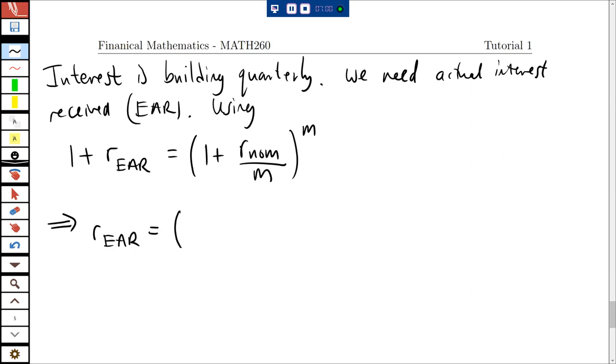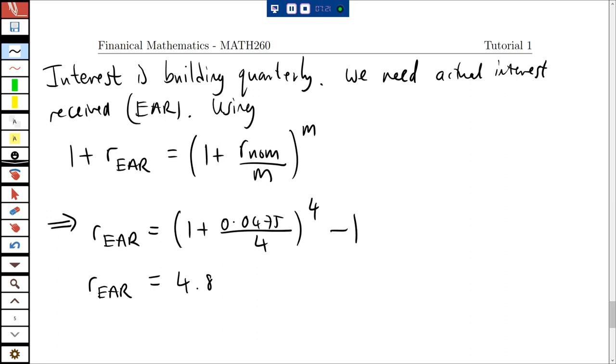Okay, we have the nominal rate is 4.75%, compounding quarterly. Subtract the 1. From this, we find the effective annual rate is approximately 4.835%.